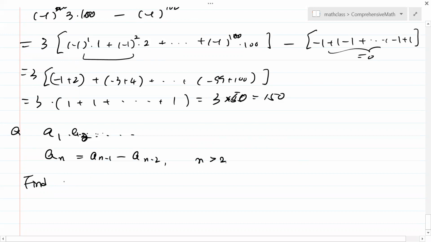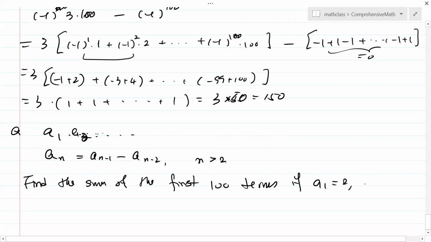So find the sum of the first 100 terms if A1 is 2, A2 is 5, for example. It doesn't matter.